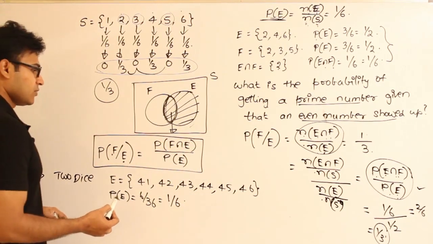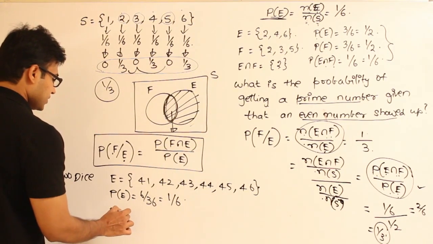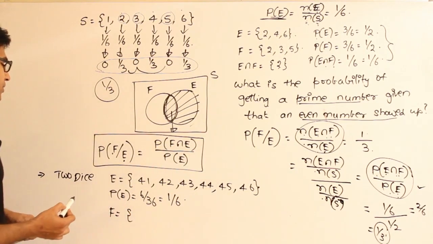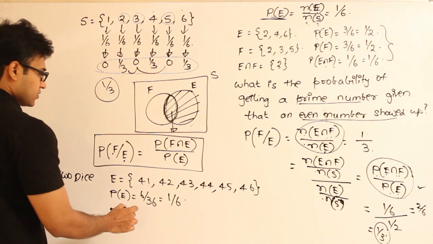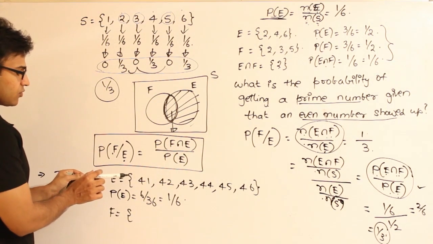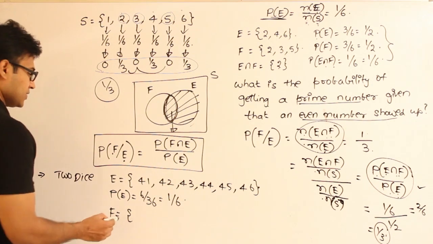Let us define one more event F, in which the sum of outcomes is 6. If I add up the outcomes on both dice, it has to be 6.